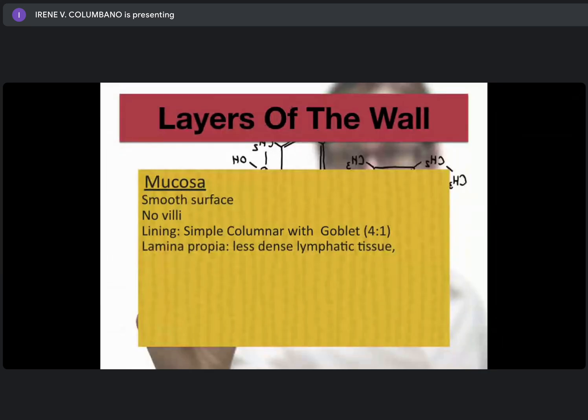So from stomach down to large intestine, what is the lining epithelium? Anyone? Andiyan pa ba kayo? Wala na akong kausap.